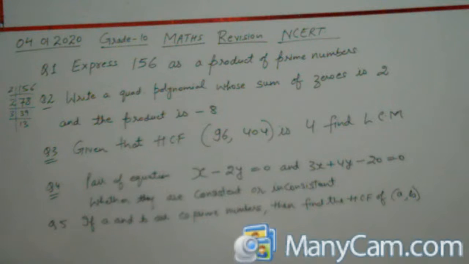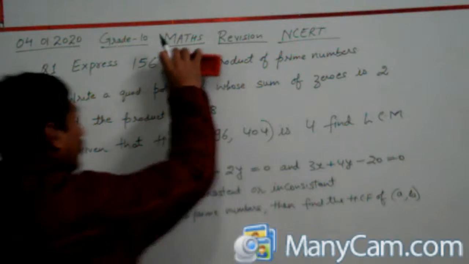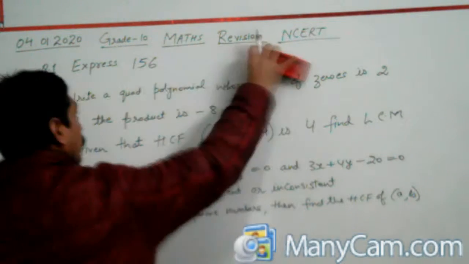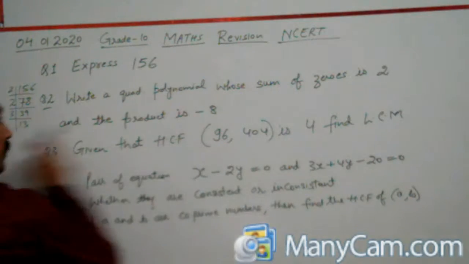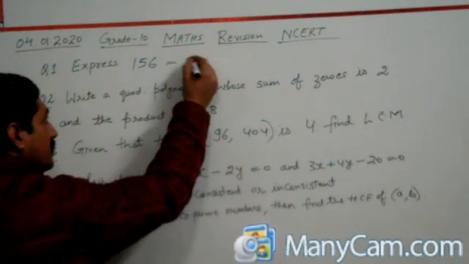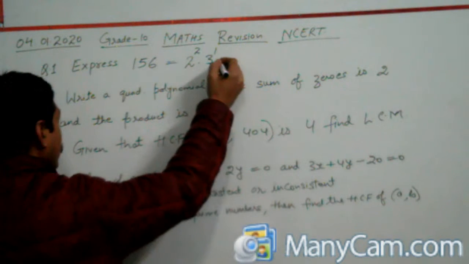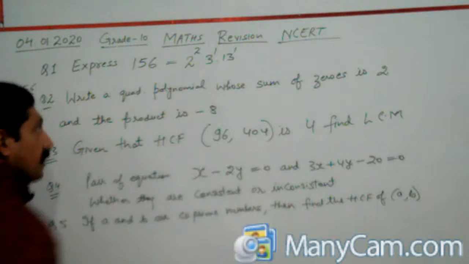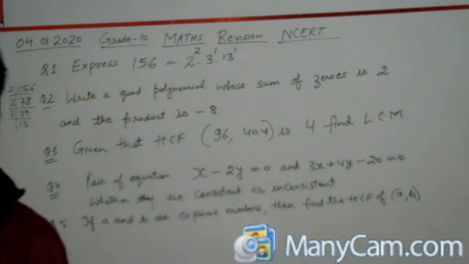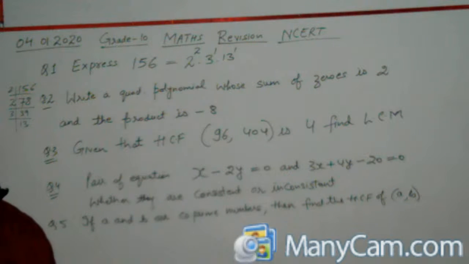So the prime factorization of the number 156 is 2 into 2 into 3 into 13, that is 2 raised to power 2 into 3 raised to power 1 multiplied by 13 raised to power 1.